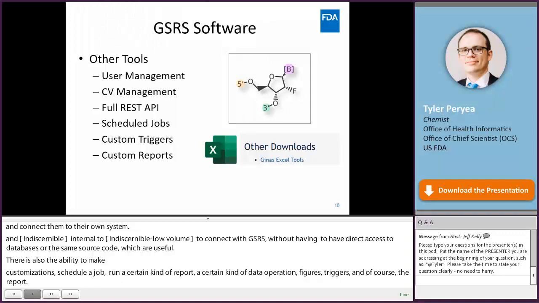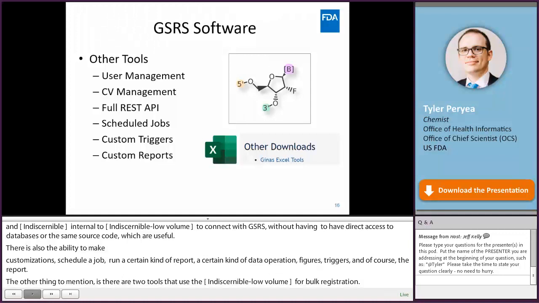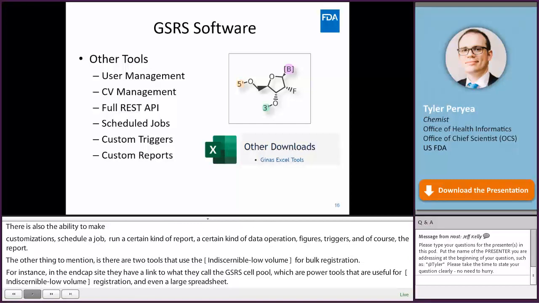So, for instance, on the NCATS site, they have a link to what they call the GInAS Excel tools, which are power tools that are useful for doing batch registrations to a GSRS instance using just a large spreadsheet with just a few fields, or getting out huge amounts of data from a GSRS instance just by having a column of names and then selecting them and asking for the corresponding unique identifier.